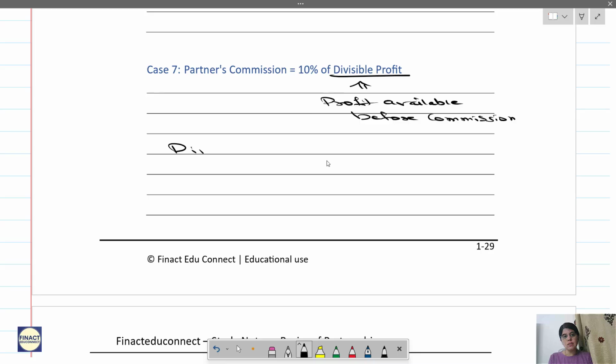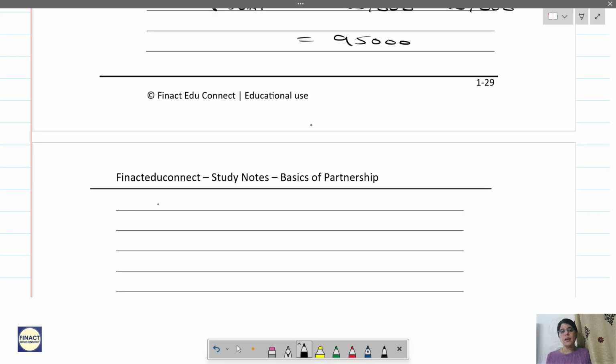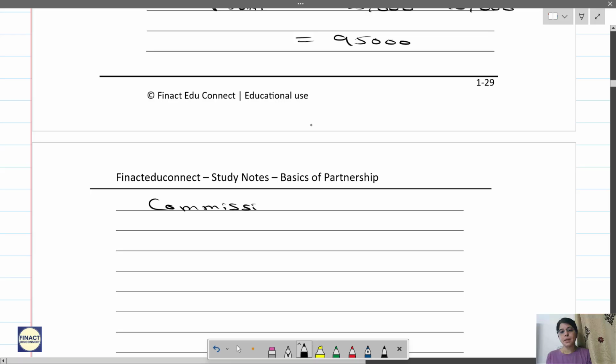Divisible profit is 1 lakh, that was your net profit, plus 20,000 interest on drawings, minus your salaries and your interest on capital. How much does that come to? 95,000, right? Divisible profit is 95,000. So now your commission will be 95,000 into 10 by 100. So you get 9,500.